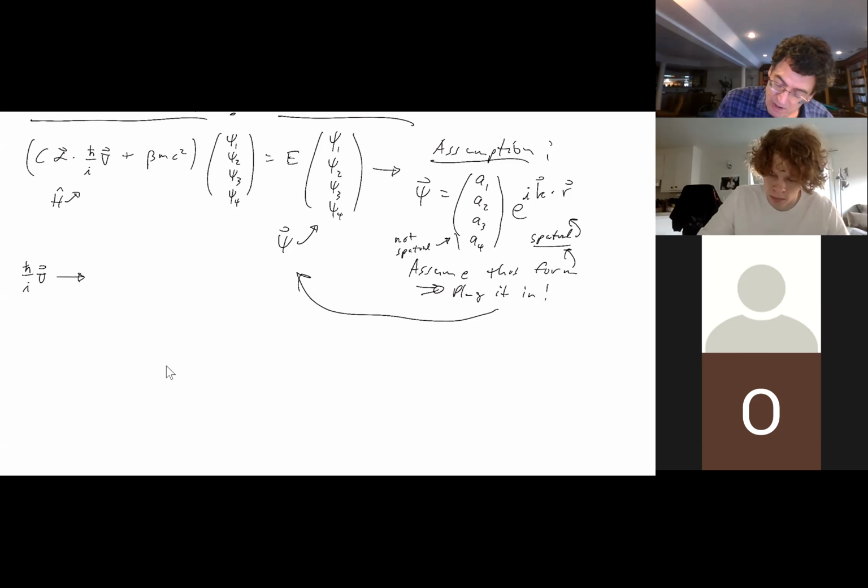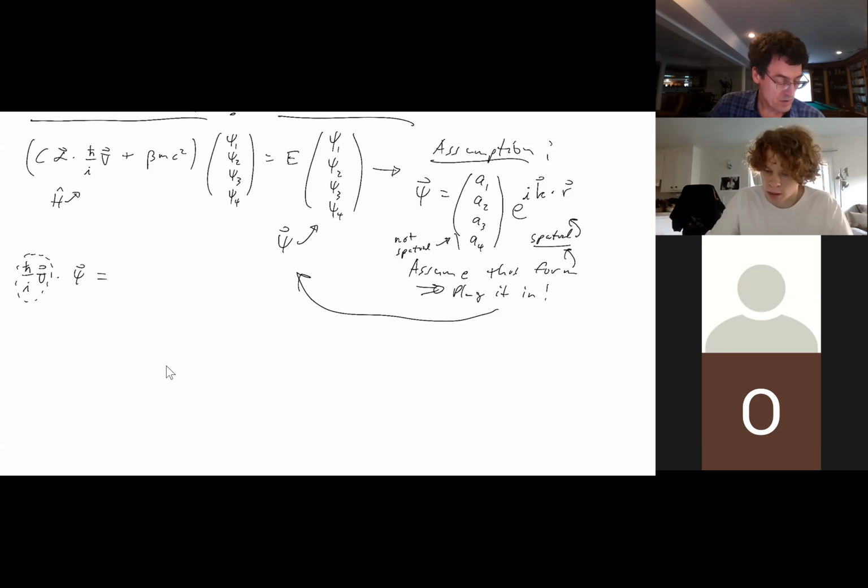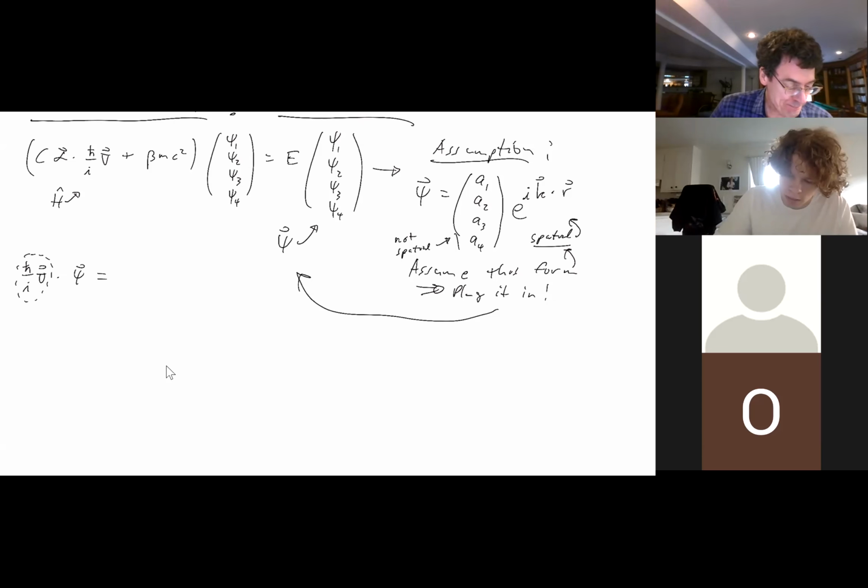So when that hits this, what is this operator going to turn into? It would just turn into h bar times k. That's exactly right.